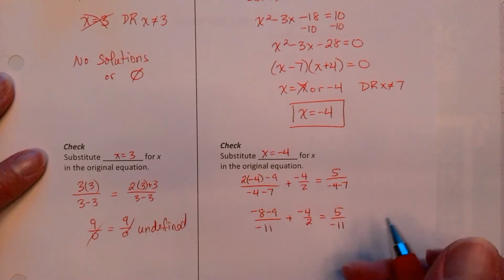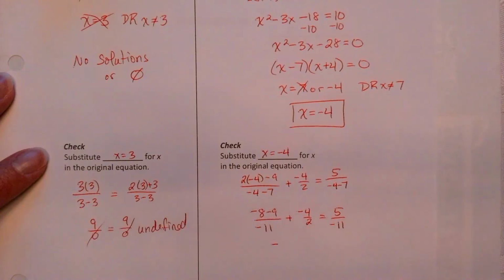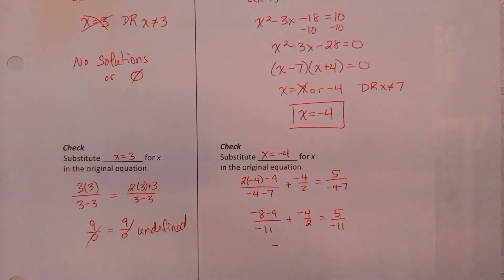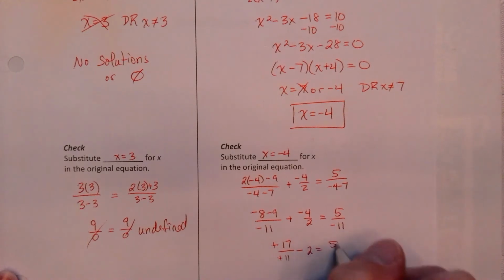So here we go. I have negative 17. I feel like I have an error. I'm going to pause here and double check. All right, I was doubting myself because these numbers aren't so pretty. I end up with negative 17 over negative 11, so those cancel. And then I have minus 2 equals 5 over negative 11.